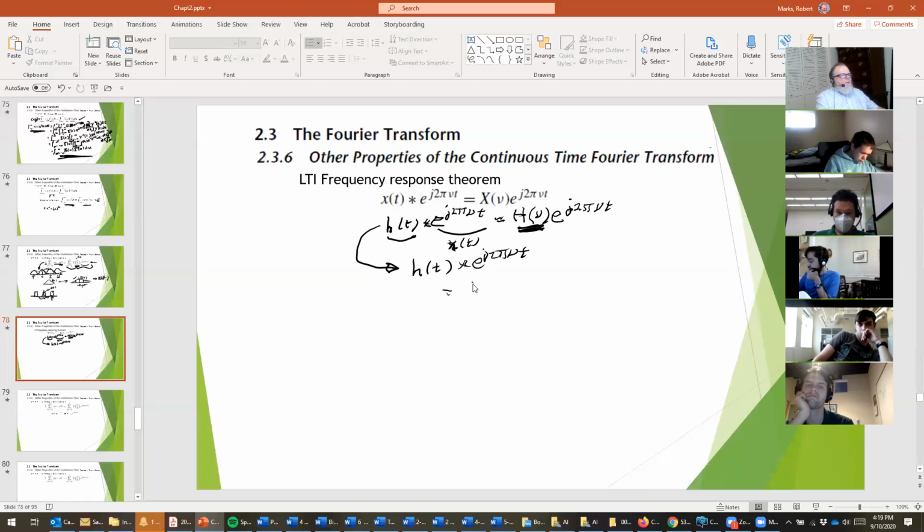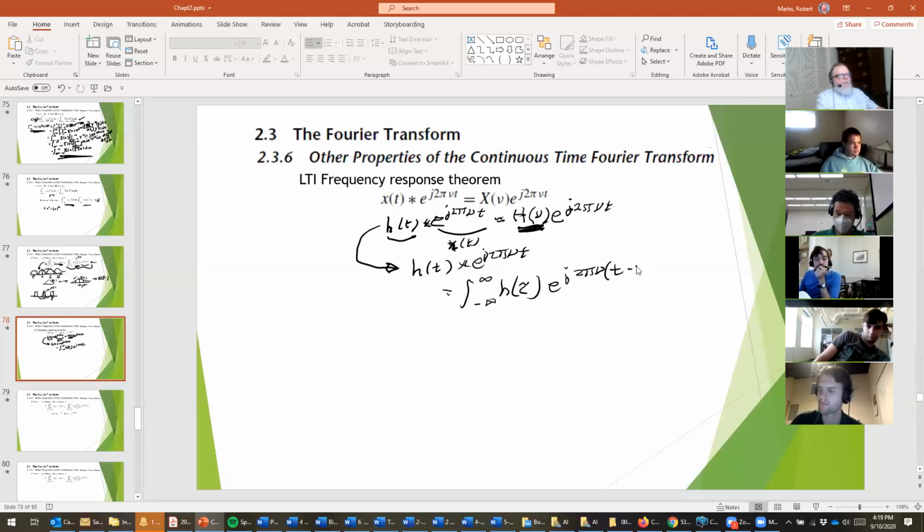If we write out the integral, we get h of tau times e to the j 2 pi nu (t minus tau). Isn't that what the convolution integral becomes if we do convolution? This is x of t minus tau.